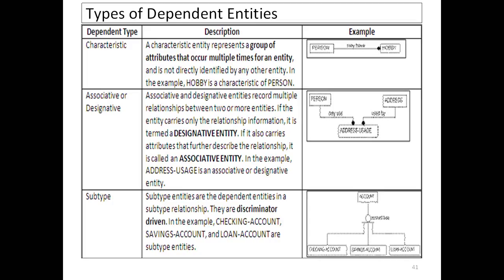Now, subtype entities are dependent entities on the supertype using the subtype relationship, and they are discriminator driven relationships. For example, a bank can have many types of accounts.